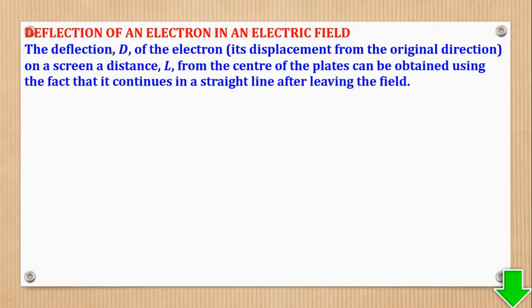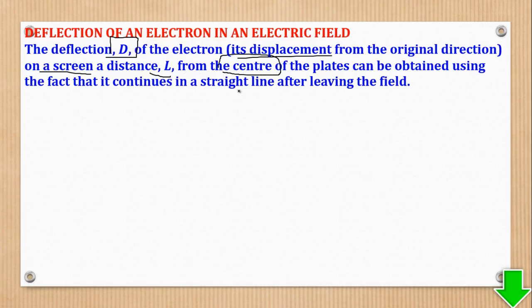So you come across the deflection capital D of the electron. That deflection means displacement from the original direction. So the deflection of the electron on a screen, which is located at distance capital L from the center. Know this word, from the center.